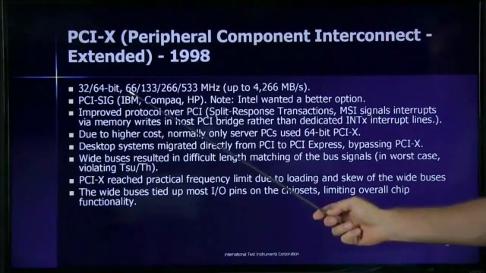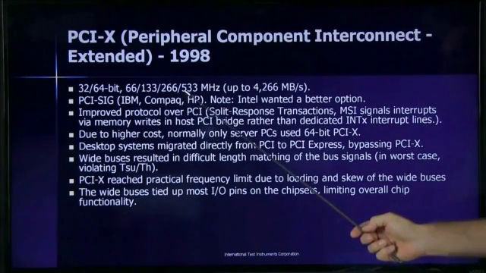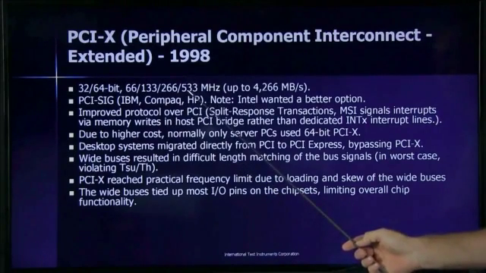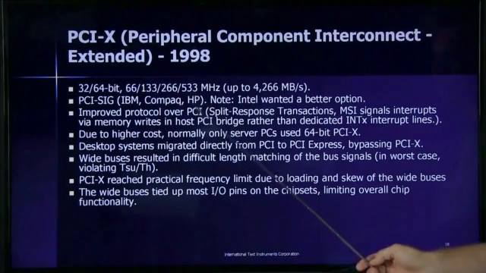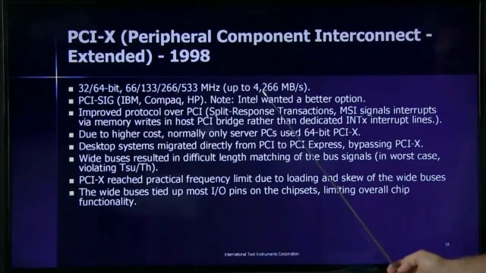The main performance improvement made in the PCI-X bus was that the clock frequency was increased from 66 to 533 megahertz. That eventually made the maximum bandwidth jump from about 133 megabytes per second as in the original PCI spec up to 4.2 gigabytes per second.